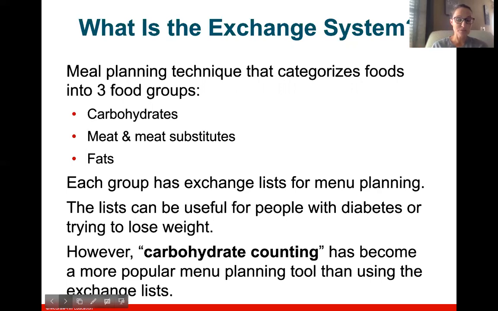Actually 50% of your calories should be coming from carbohydrates. So if you're eating 2,000 calories a day, 50% of your calories would be 1,000. And then if carbs are 4 calories per gram, that's 250 grams of carbs per day. Now, what you also have to know is how many grams of carbs are in each serving.